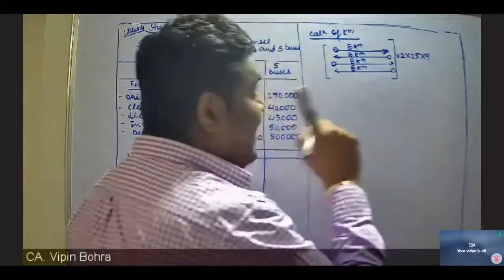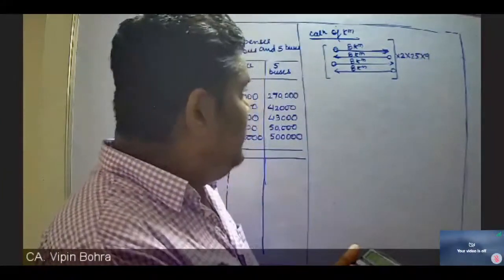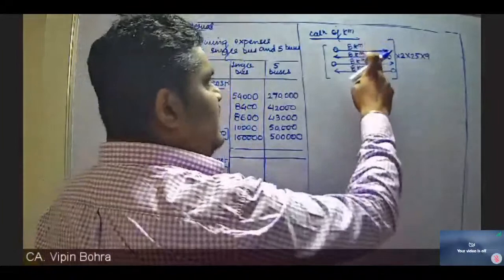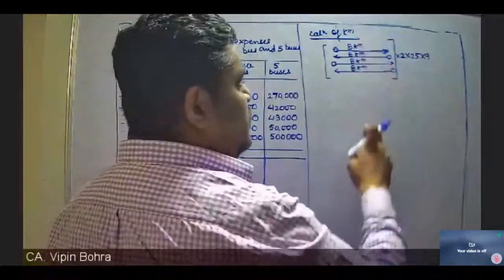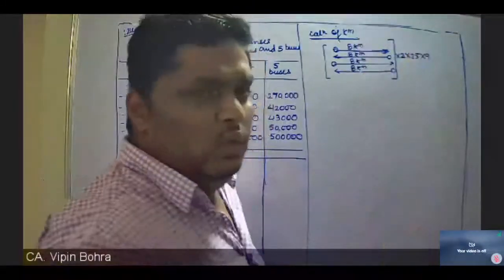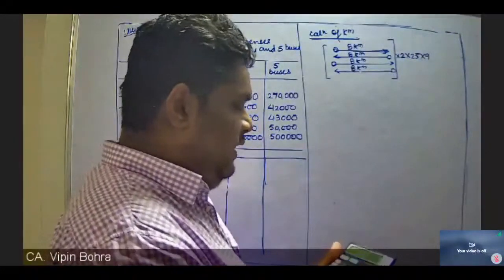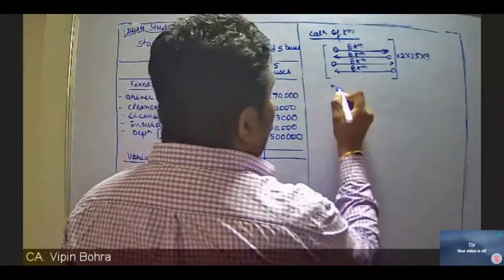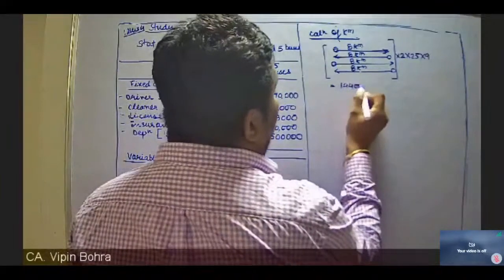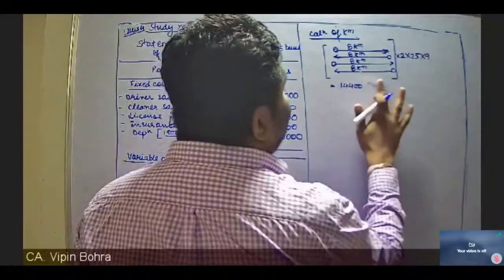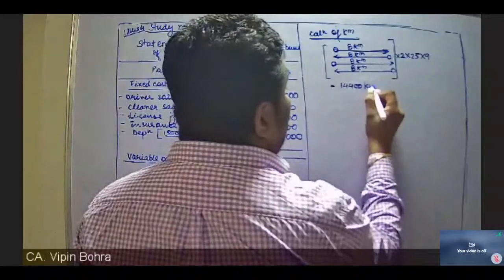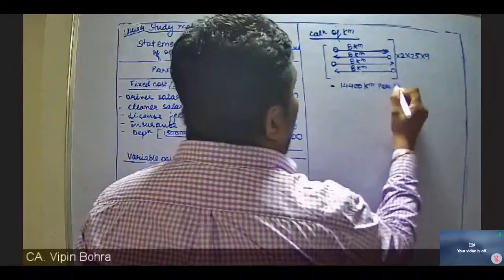For every bus, how many kilometers? 8 plus 8 plus 8 plus 8, 8 fours are 32. 32 into 2 is 64. 64 into 25 into 9 is 14,400 kilometers per bus.